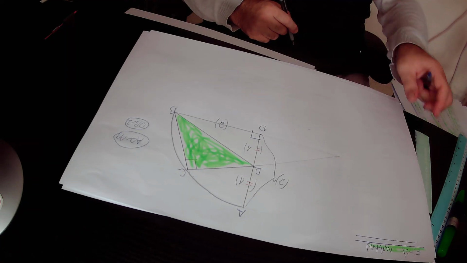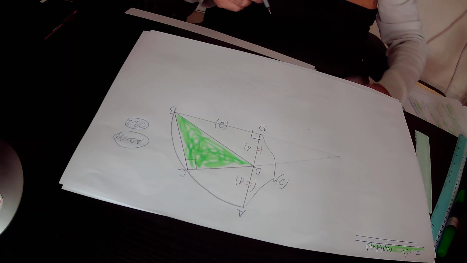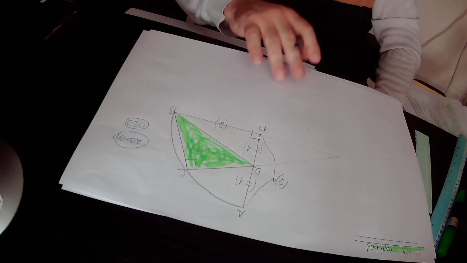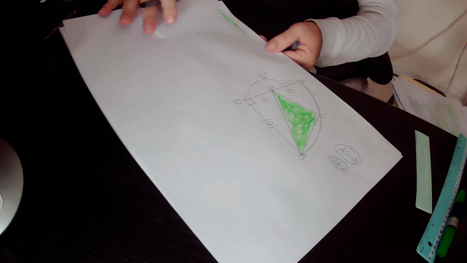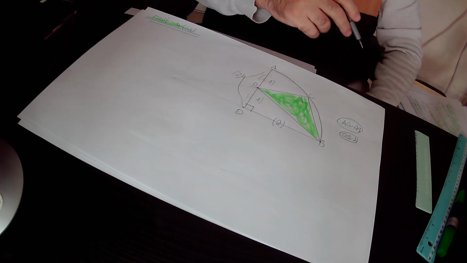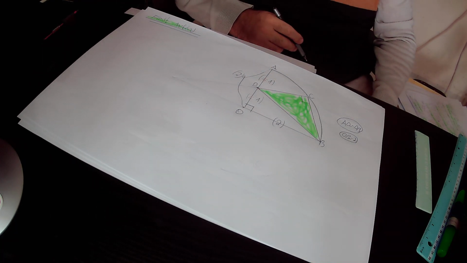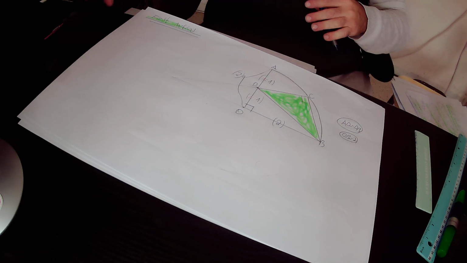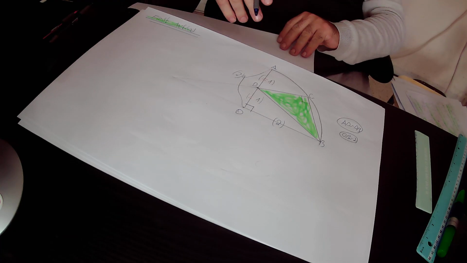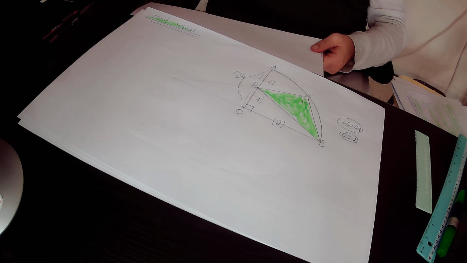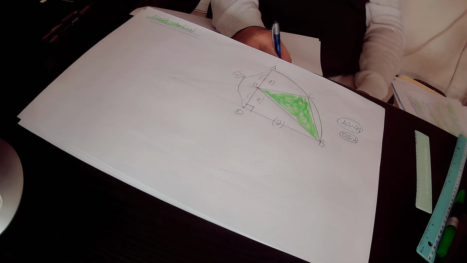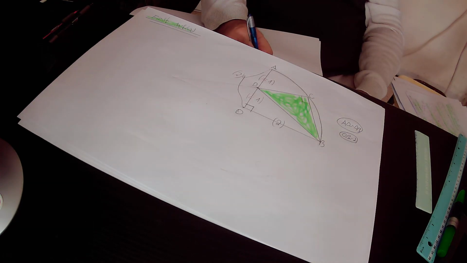So in the next step, we will implement the Pythagoras theorem on this right triangle DOB. According to the Pythagoras theorem, in any right triangle, the square of the hypotenuse equals the sum of the squares of the perpendiculars.